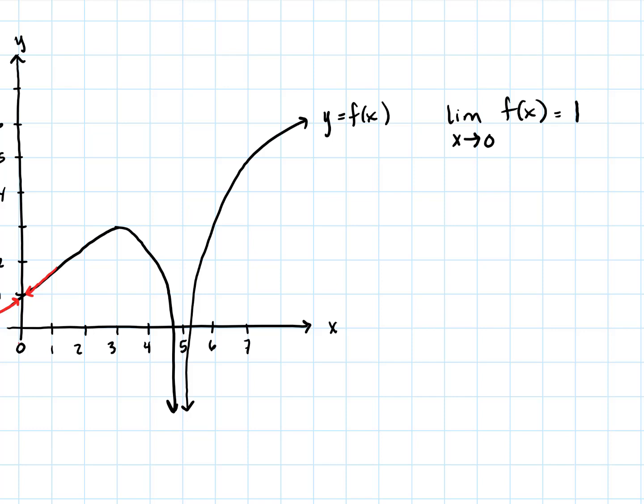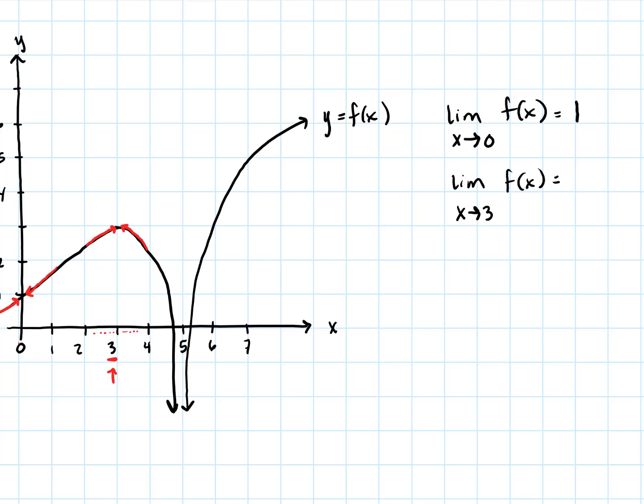Let's look at another one. Let's look at the limit as x approaches 3 of this function. So here's 3. As we're marching the x values in closer and closer to 3, getting arbitrarily close to 3, what is happening on the function?